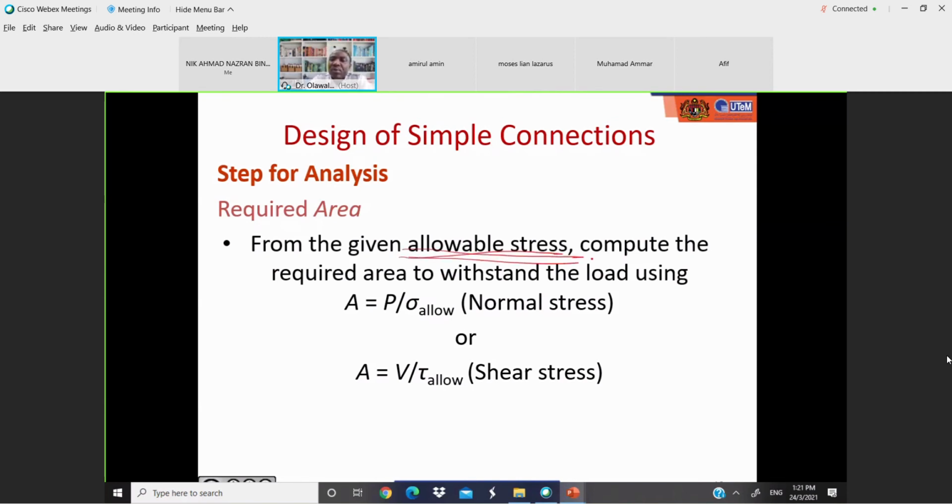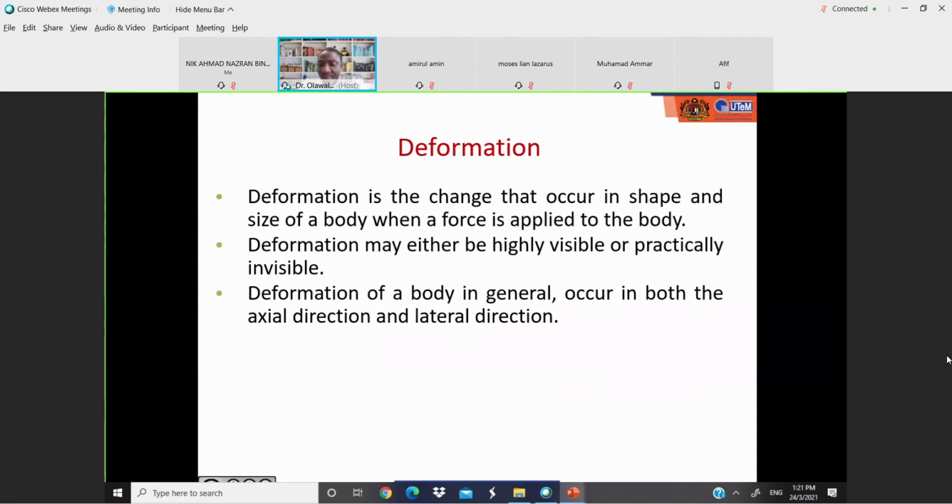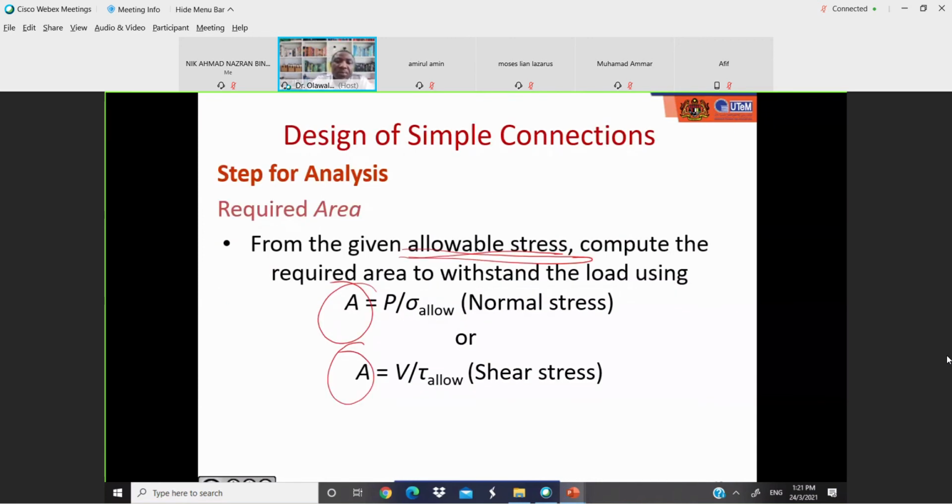After you compute the area, you can determine your diameter. Say, for example, your area is equal to pi d squared over 4. If you know the area, then you can calculate d. So then you can know the diameter of the leg, you can know everything you want to know, depending on what you have to compute.